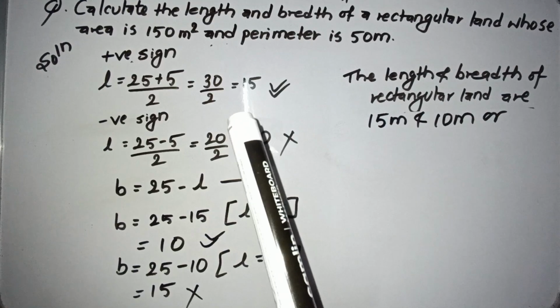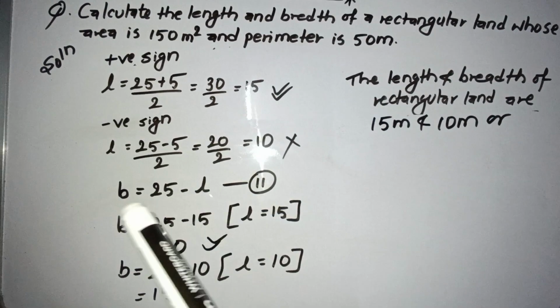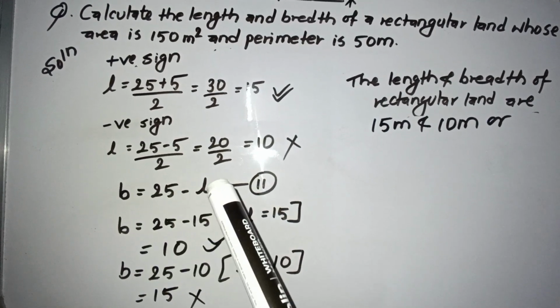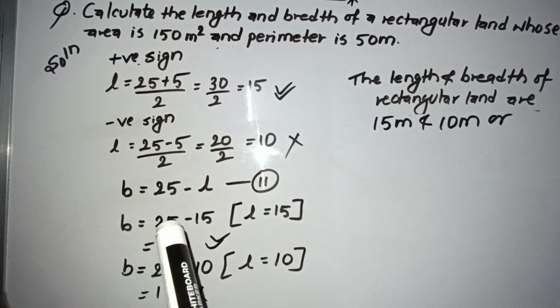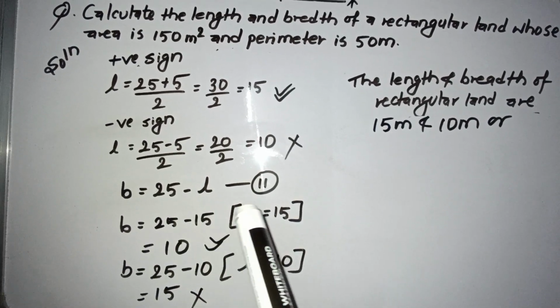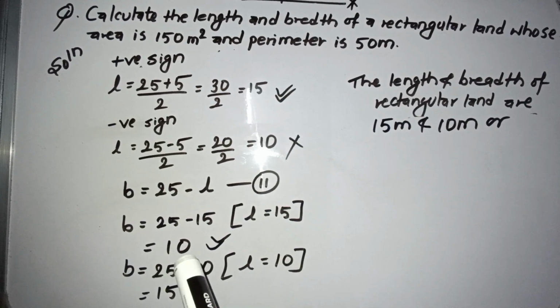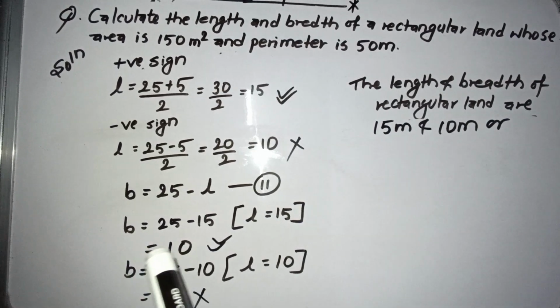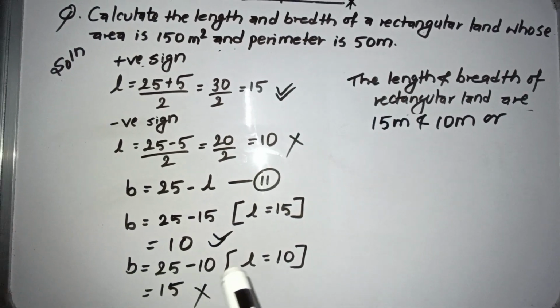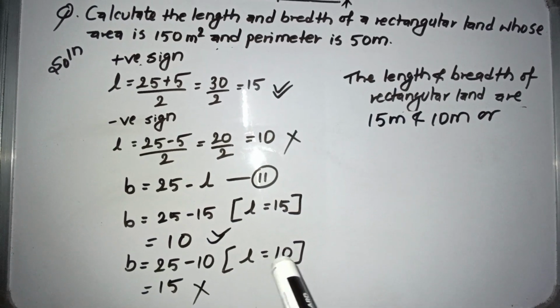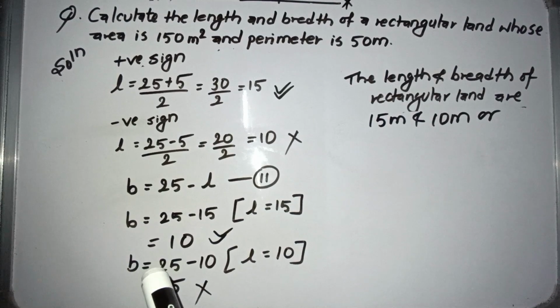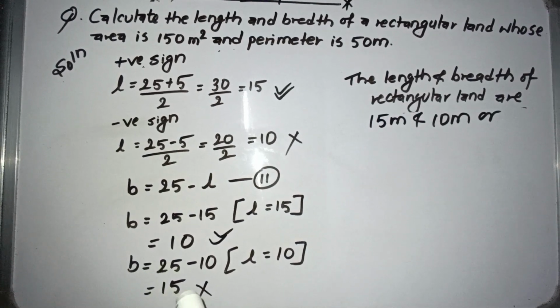Then we substitute this value into the equation second, that is B equals 25 minus L. Then we get B equals 25 minus 15, where we put L equals 15, then we get 10. This is the value of breadth. And if we use L equals 10 in this equation, then we get B equals 15.